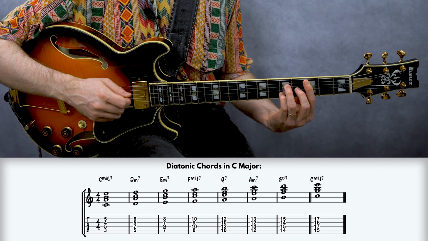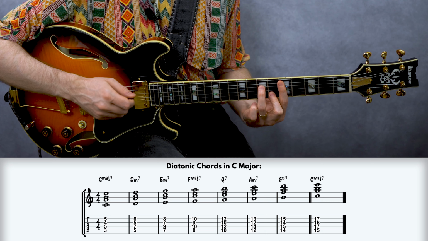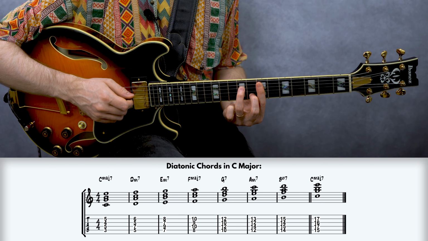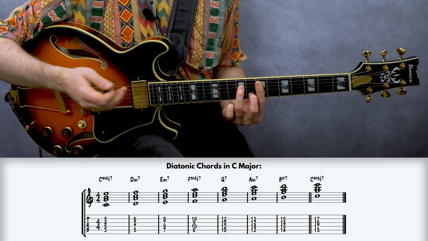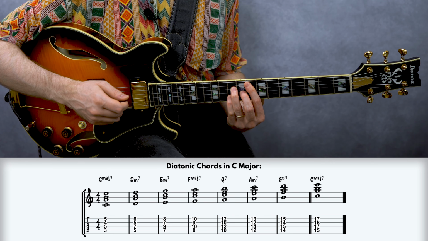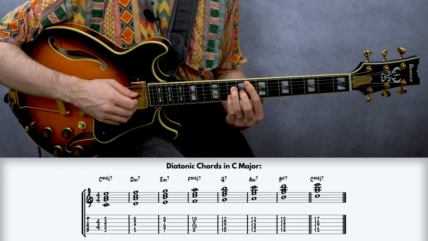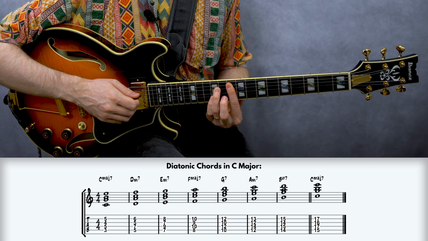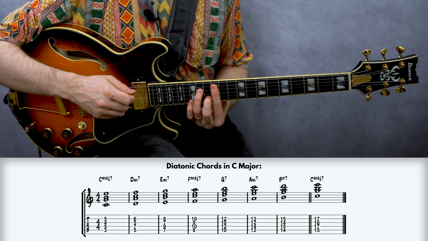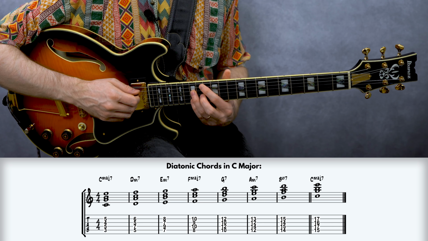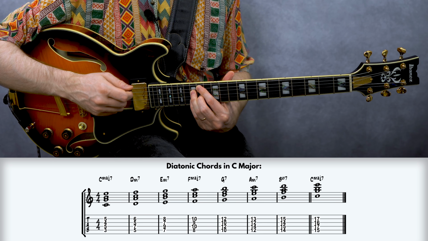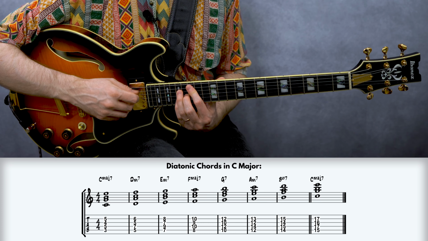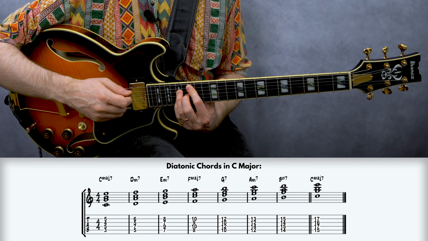Our 1 chord, C major 7, our 2 chord, D minor 7, our 3 chord, E minor 7, our 4 chord, F major 7, our 5 chord, G7, our 6 chord, A minor 7, our 7 chord, B half diminished or B minor 7 flat 5, and back home to our 1 chord.